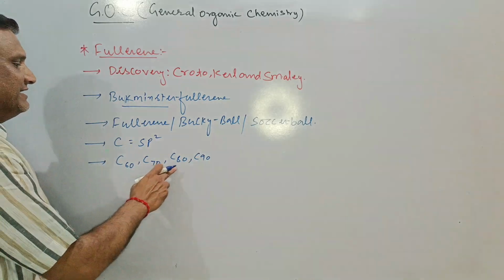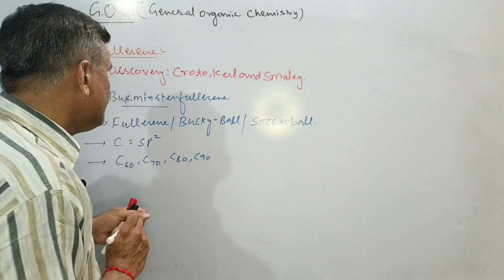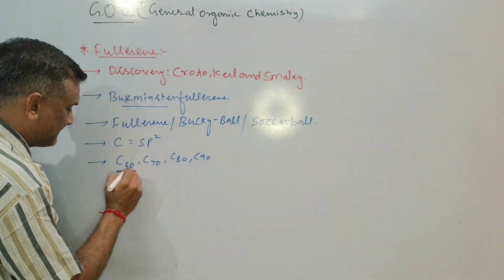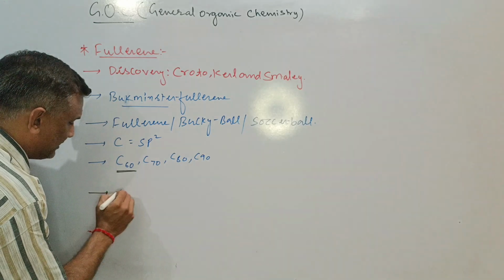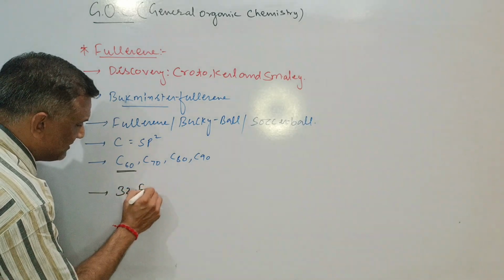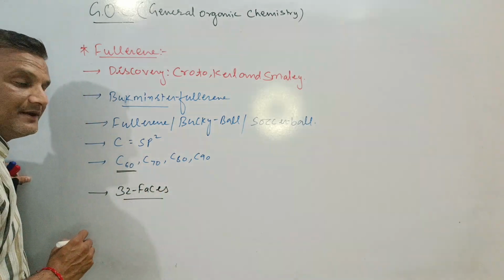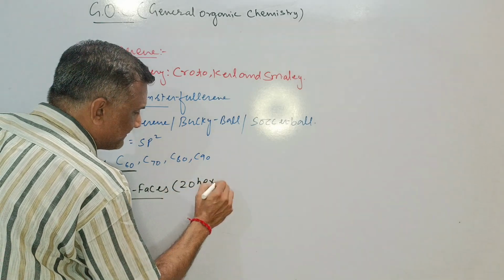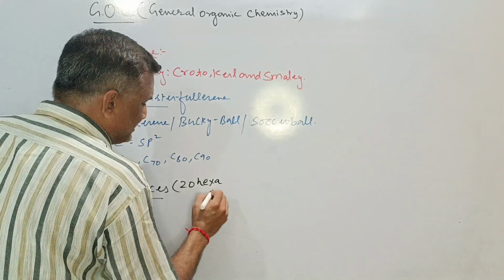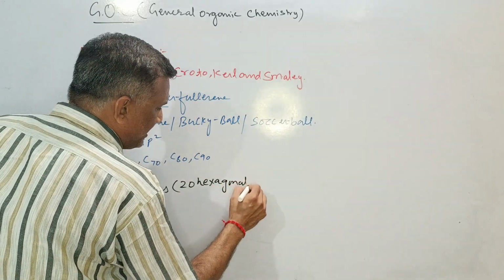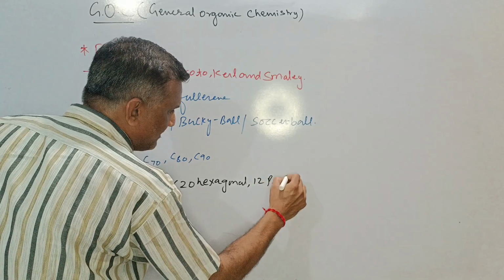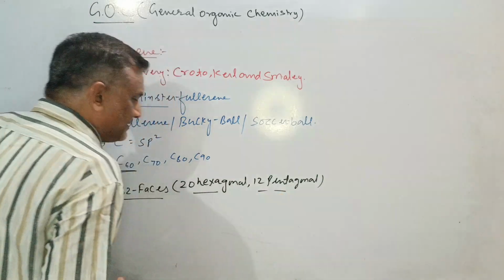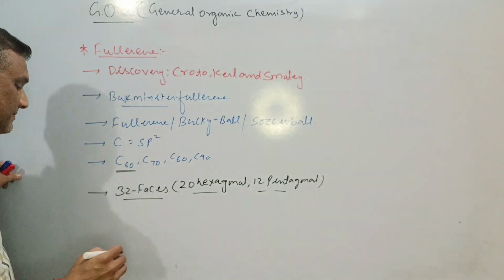Here 60, 70, 80, 90 is the number of carbon atoms. If we go with the stable type of fullerene, that is C60, which has 32 faces in the structure, where 20 are hexagonal and 12 are pentagonal faces.